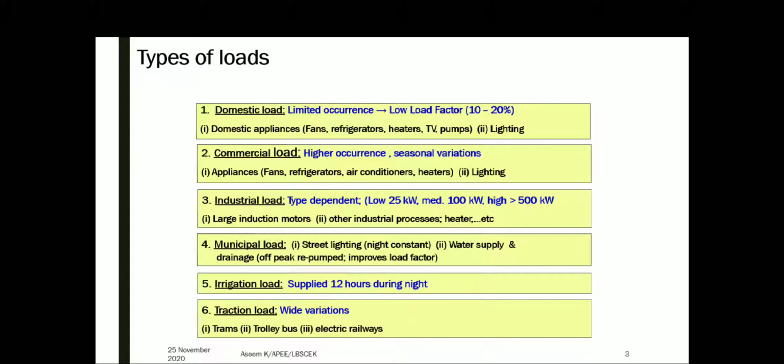Then municipal load: street lighting, water supply, drainage, etc. Then irrigation load, which is supplied 12 hours during the night. Traction load, that is trains, trolleys, buses, electric railways, etc. This has wide variations.